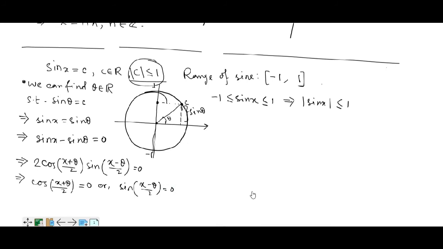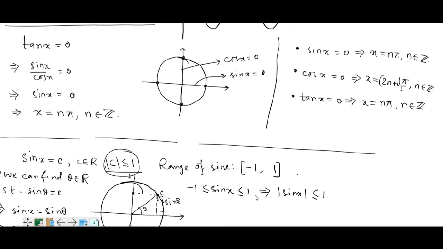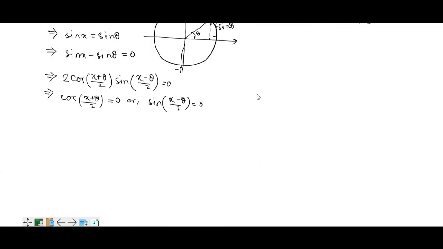Now we have already seen in the summary that if sin x is equal to 0 we can write x equals n pi, and when cos x equals 0 we can write x equals (2n plus 1) pi by 2. So for this one we can write that (x plus theta) by 2 equals (2n plus 1) pi by 2, and for this one we can write (x minus theta) by 2 equals n pi, where n is an integer.